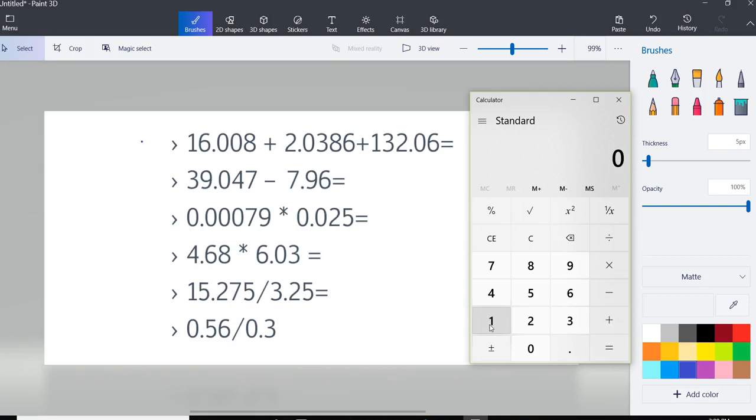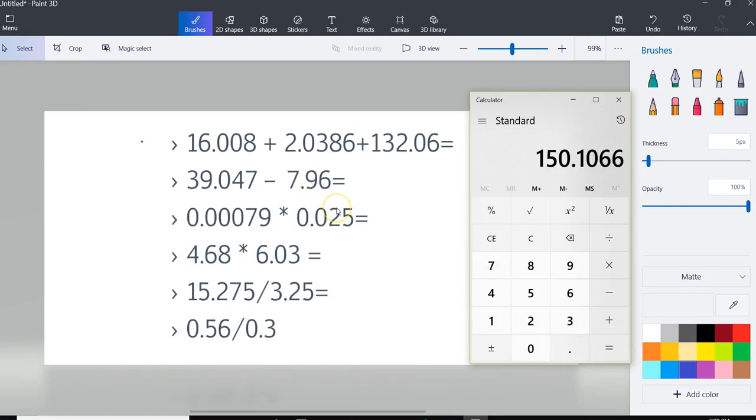For example, for the addition, you'll do 16.008 plus 2.0386 plus 132.06.